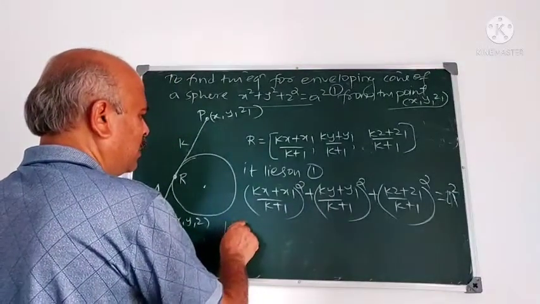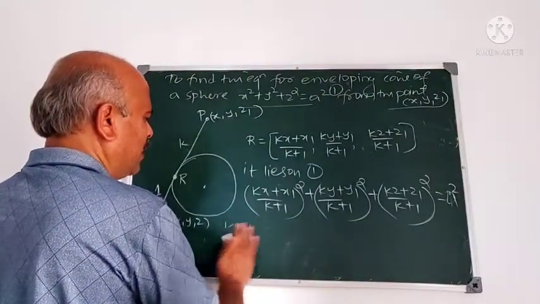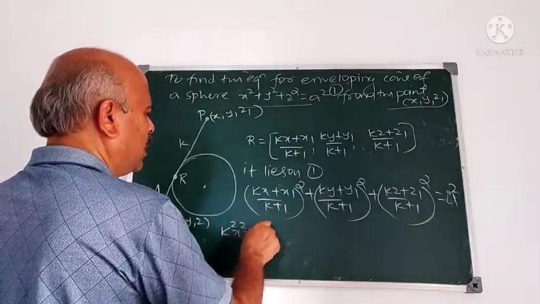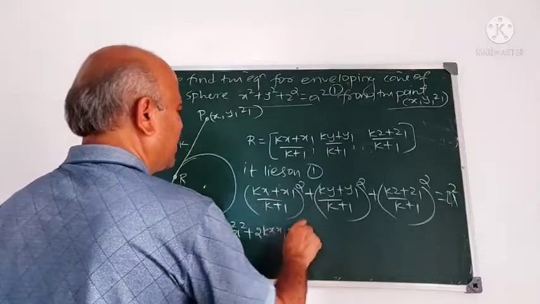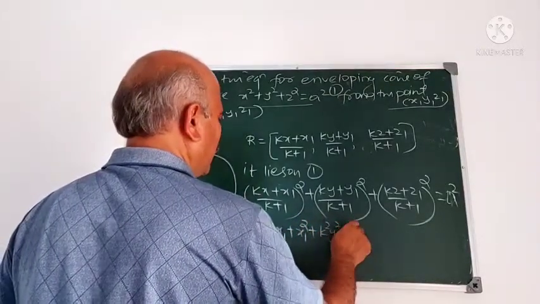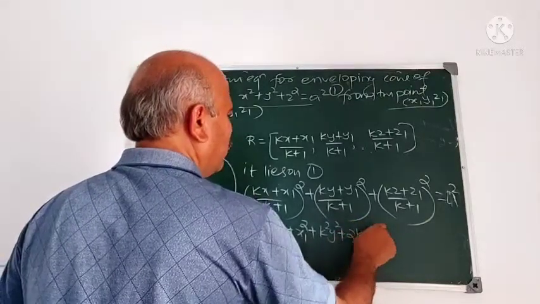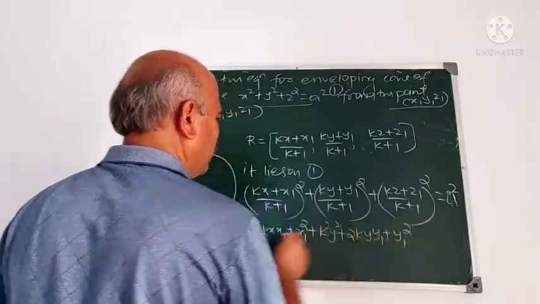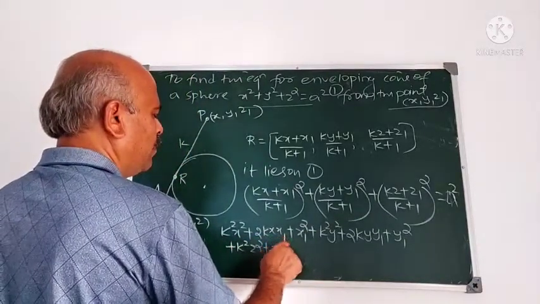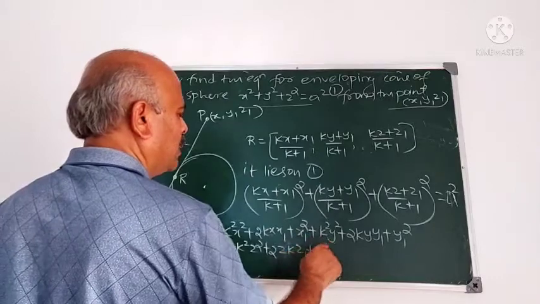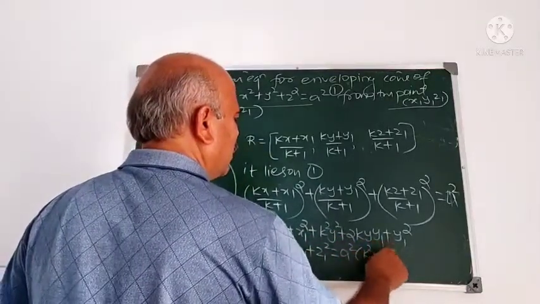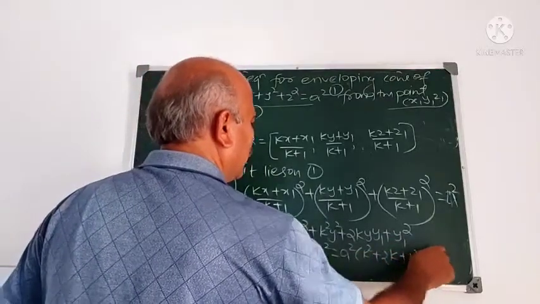Simplifying, we get (kx plus x1) whole square. I write it simplified like this: k square x square plus 2k x x1 plus x1 square plus k square y square plus 2k y y1 plus y1 square plus k square z square plus 2k z z1 plus z1 square is equal to a square into (k square plus 2k plus 1).